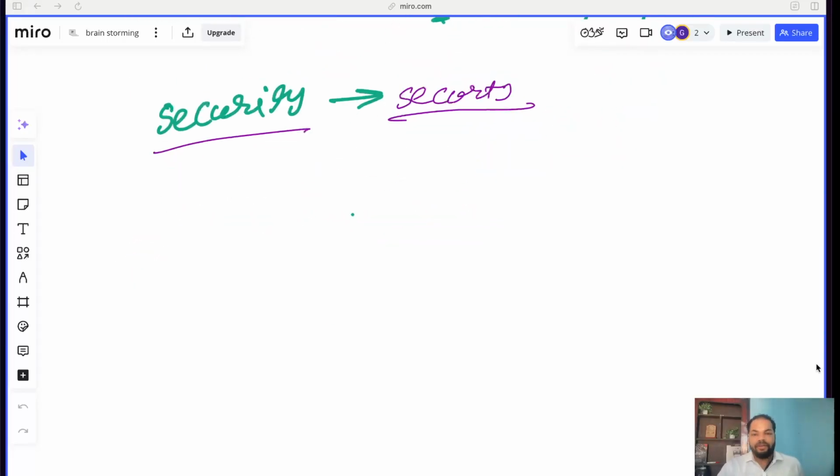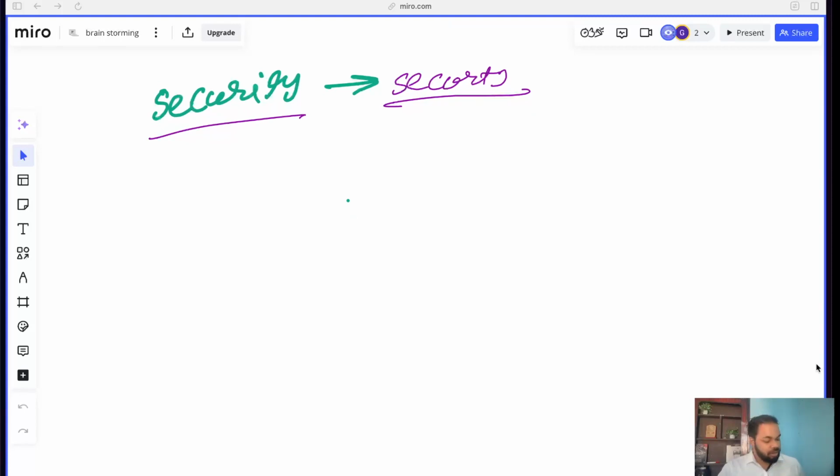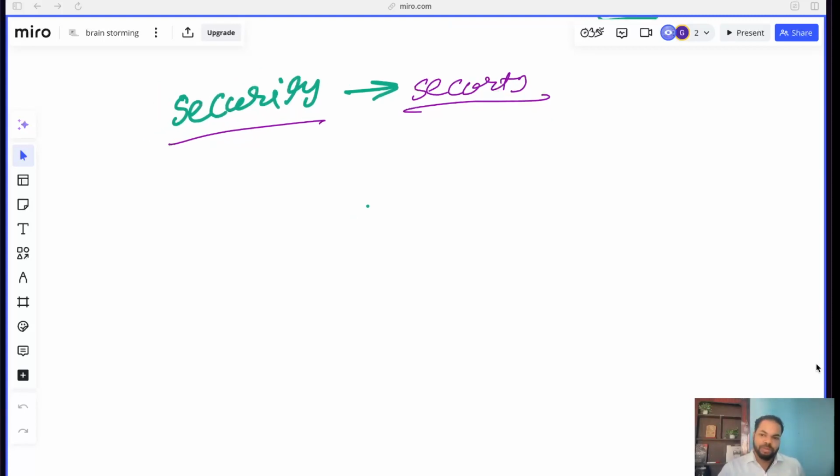Okay, then what are the others? Performance is done. Availability, or fault tolerance maybe. Yes, that is a good one. Fault tolerance and availability both look the same to me. So we are saying it makes the system available. How?